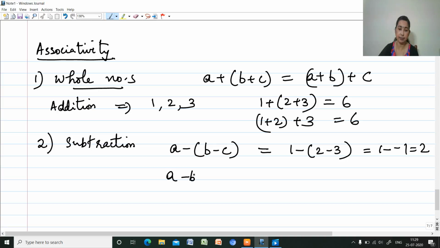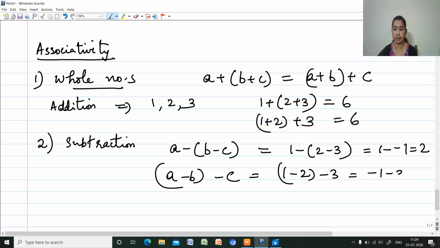Then A minus B minus C means 1 minus 2 minus 3, that is minus 1 minus 3, that is minus 4. You can see here both the answers are different. That means associativity is not satisfied for subtraction.